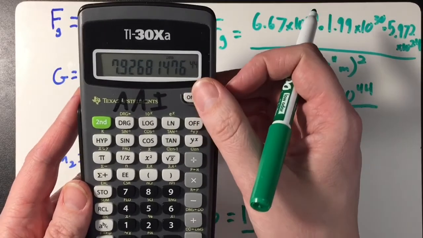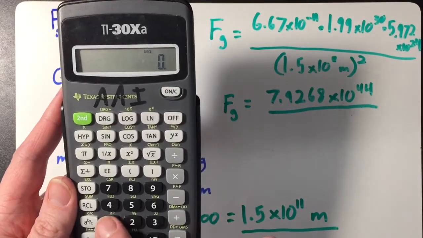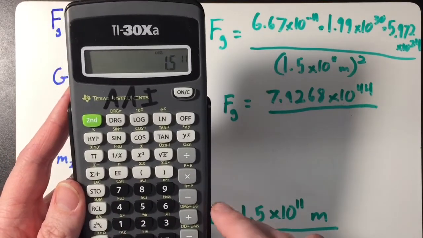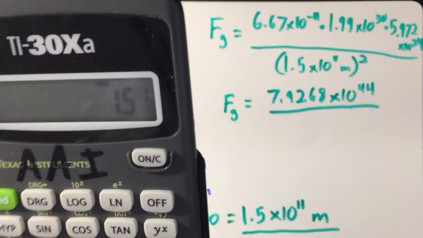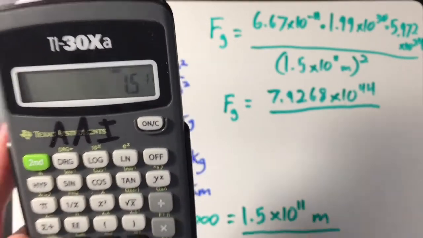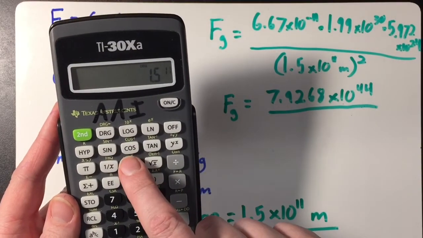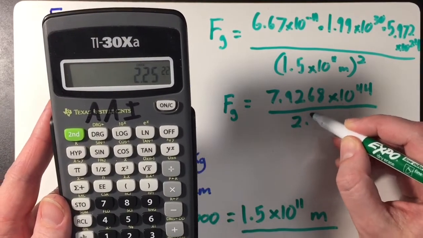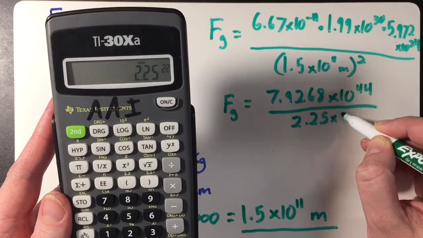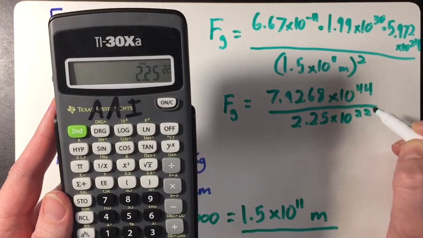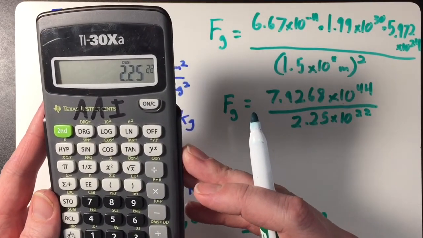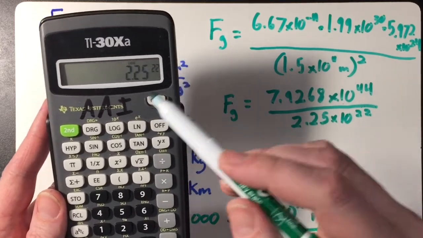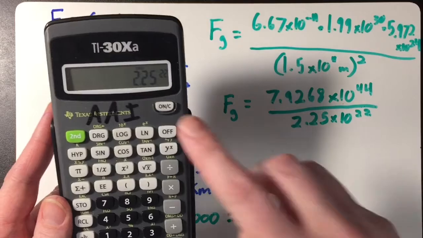So I have that clear, I do 1.5 EE11, which means 1.5 times 10 to the 11th power. Then the squared button is here, so I just hit squared, and it gives me 2.25 times 10 to the 22nd power. You can see it just says 2.25 and then a little 22, which means times 10 to the 22nd power. That's what that shorthand means on this calculator.